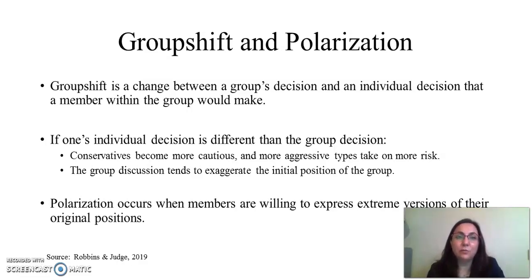So in group shift, if the individual decision is different from the group's decision, you tend to go to a different extreme. Polarization occurs when members are willing to express extreme versions of their original positions. So the group divides into two poles. And this is a problem because this is a threat to achieving consensus, achieving agreement in a team.